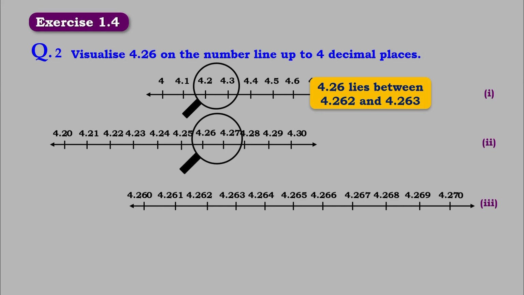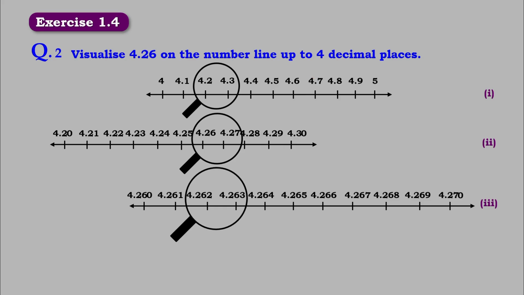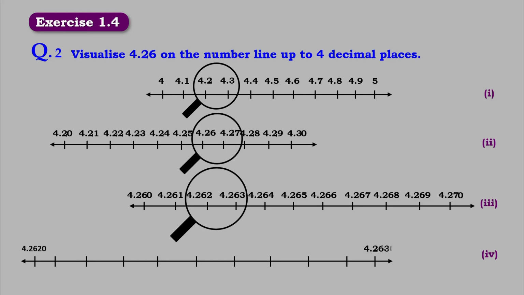Now 4.26 lies between 4.262 and 4.263. So again we are going to take 10 equal division and do the number line drawing. Now 4.2620 and 4.2630, we will write the in between decimal numbers. Now we got 4 decimal places in between numbers.